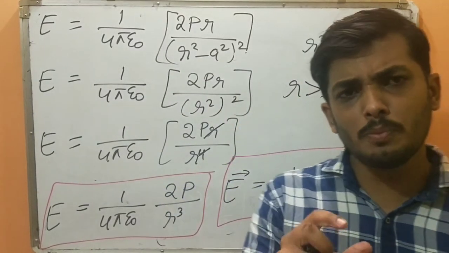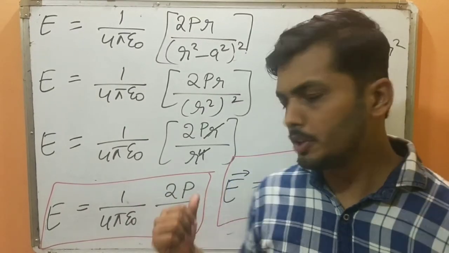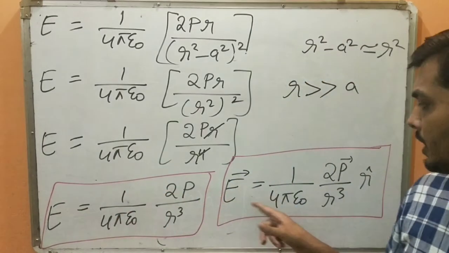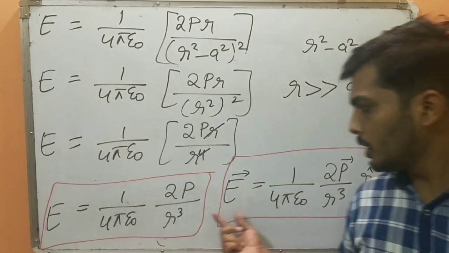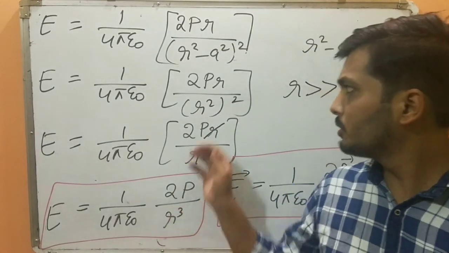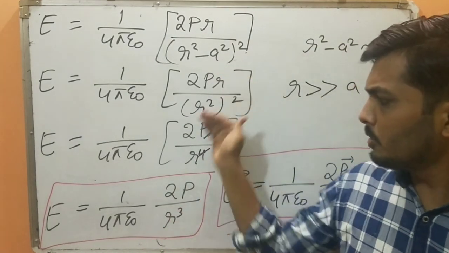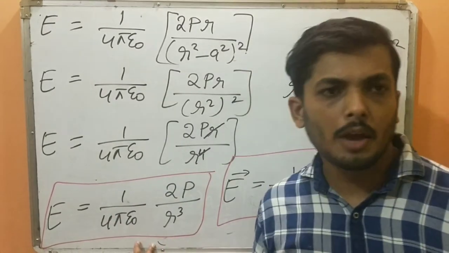It is one of the most important derivations. As well, you are going to solve problems on this equation. So just remember the electric field due to a dipole: 1 upon 4 pi epsilon naught 2p divided by r cube. Actually you can stop the derivation here, or else you can further reduce some steps just to impress your evaluators. Okay, have you understood this?